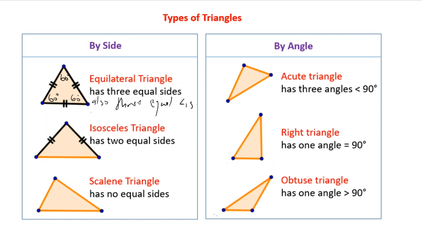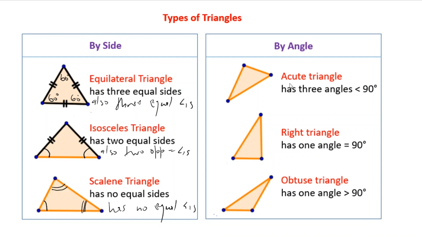And we have an isosceles triangle, which has 2 equal sides and also 2 opposite equal angles. It means this angle will be equal to this angle. And a scalene triangle has no equal sides and no equal angles. It means this angle is not equal to this angle and it's also not equal to this angle.